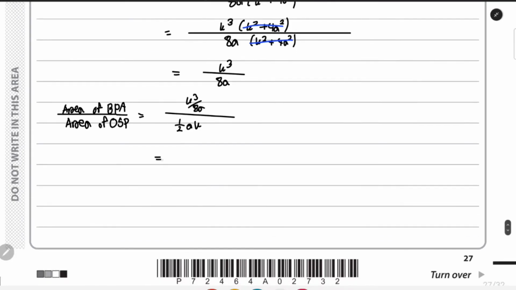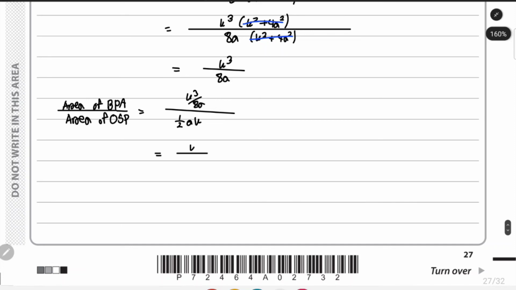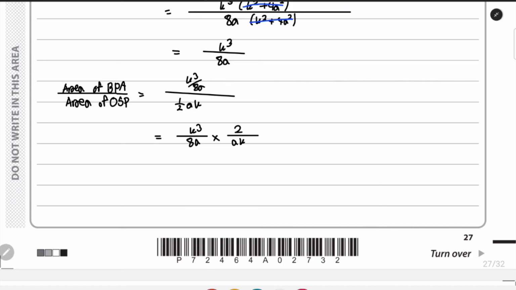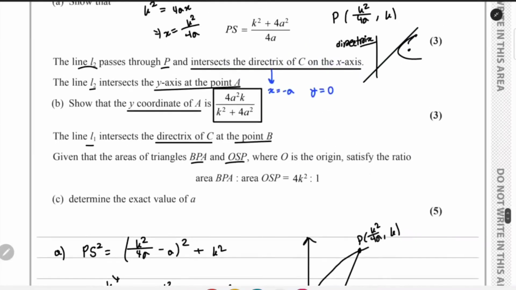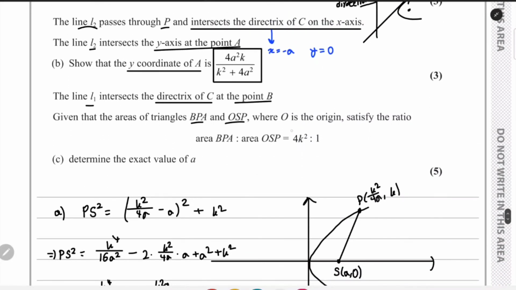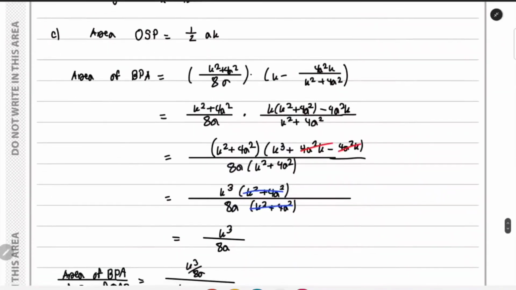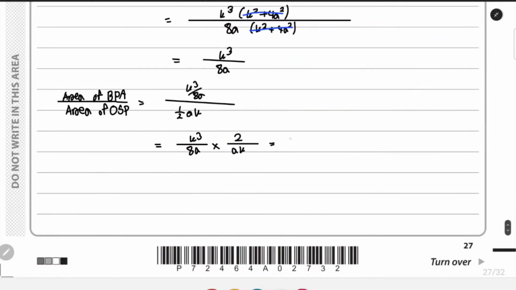So if I write this down, this can be written as k cube by 8a multiplied by 2 by ak, and we are told that the ratio is in this form. So the area of BPA is 4k square times the area of OSP. So this expression over here will be equal to 4k square.